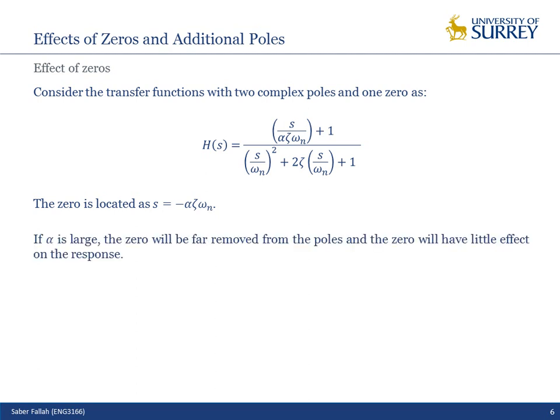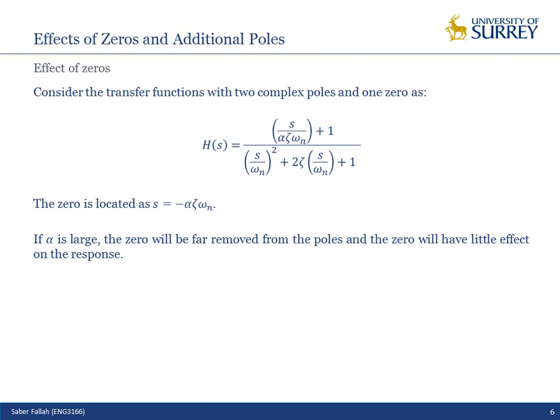Before that, if I have a very large alpha, it means I have a large denominator, so this term is almost 0, and I will have a transfer function close to a standard format. So, if the location of the zero is far away from the imaginary axis, it is a good assumption to estimate my transfer function as a standard transfer function.